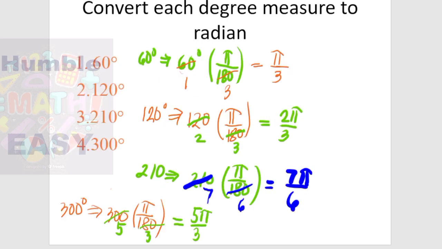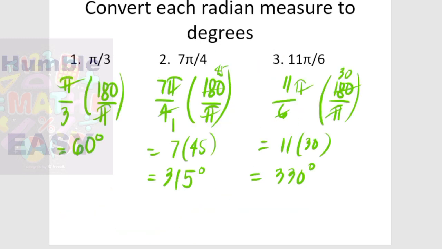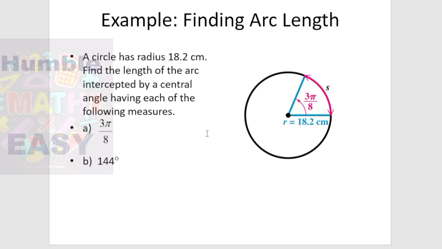Let's now get things clear in finding the arc length. Here is an example: a circle has radius 18.2 centimeters.